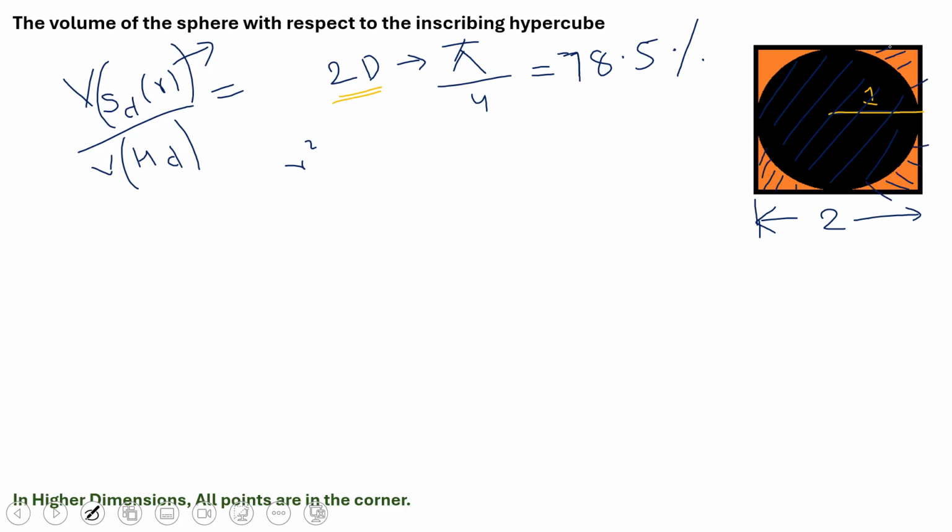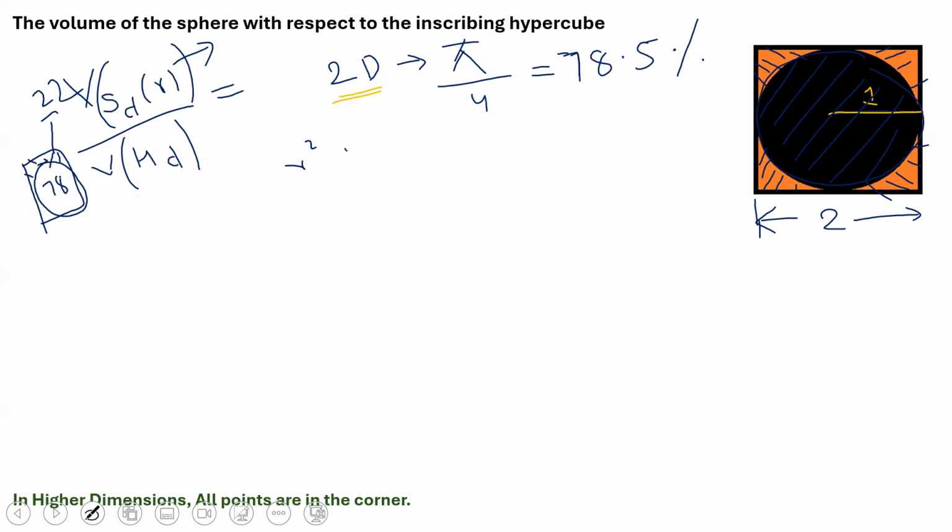So these corners have just 22 percent of the volume, and this sphere has 78.5 percent of the volume. If I draw this diagram for your better understanding: this is the cube and this is the sphere inside it, this has 22 percent, this has 22 percent, this has 78 percent, somewhere around. So that's interesting.